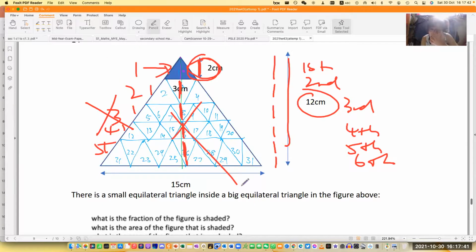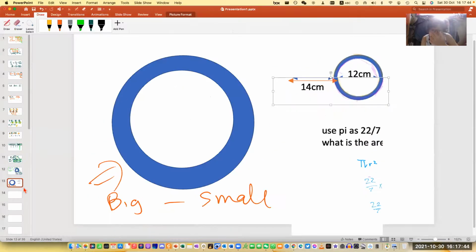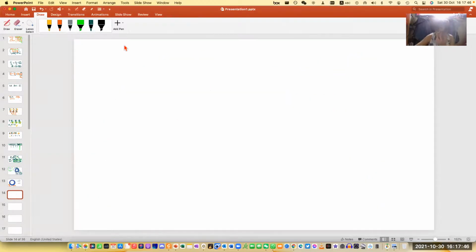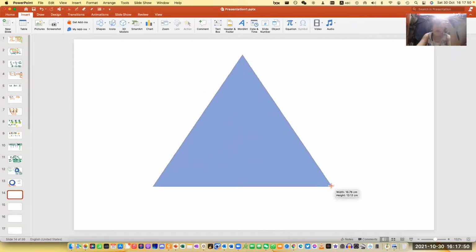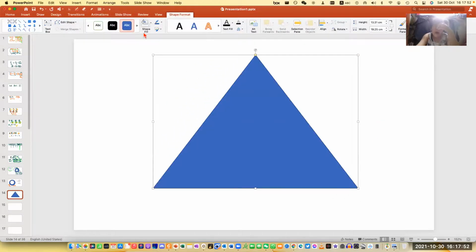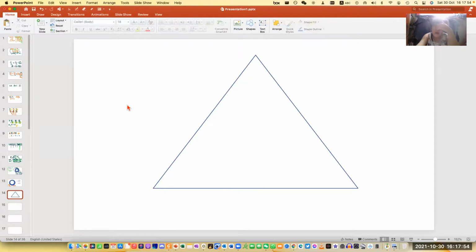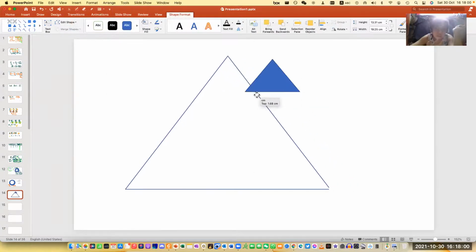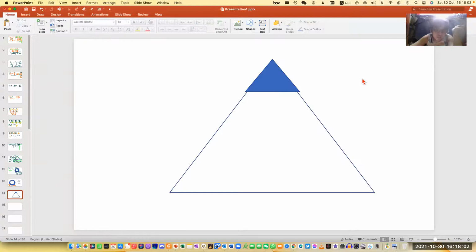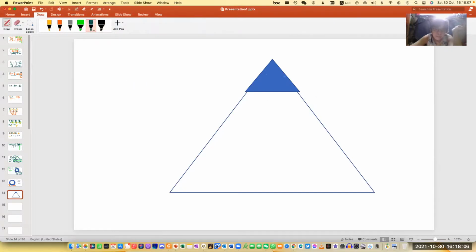So for this question, if I transfer the question here, okay, this is the first layer, right? It's 2 cm, right? Yeah.